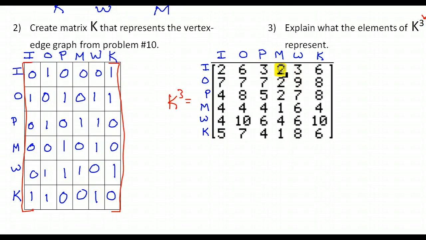This 2 represents the fact that there are 2 ways I can get from Indiana to Maryland crossing 3 borders. So let me show you the 2 ways I could get from Indiana to Maryland crossing 3 borders.